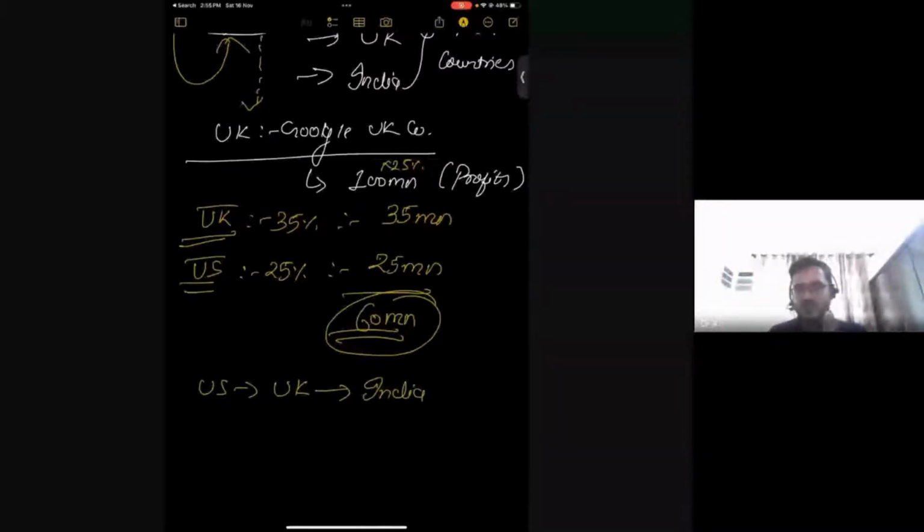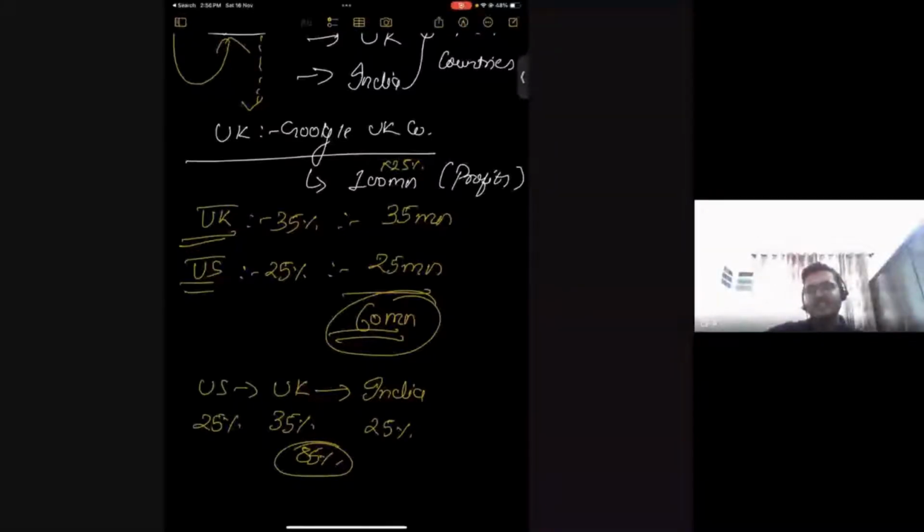In this situation, if there is no double taxation avoidance, the company will pay 25% taxes in India, followed by 35% taxes in UK, followed by another 25% taxes in the US. And if you count it in total, it becomes 85% in total taxes that you have to pay. If I introduce another country in this entire chain, you will pay more in taxes than the overall profits that you have generated.